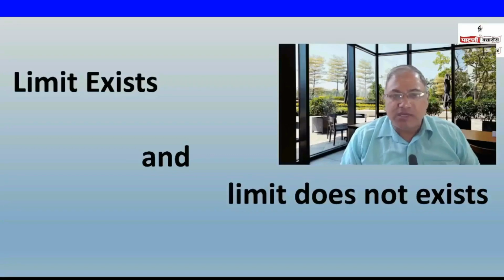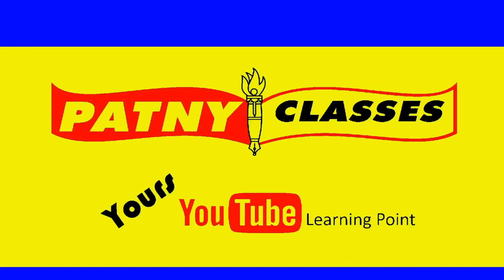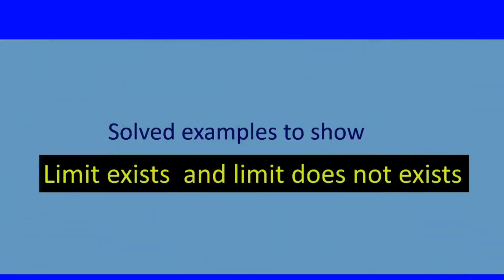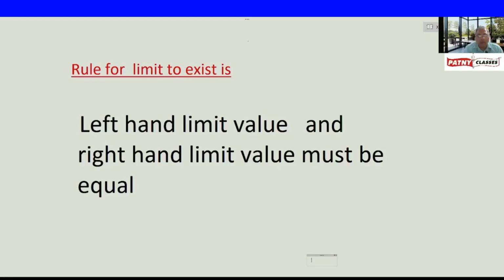To understand the words limit exists and limit does not exist, let us look at some examples. The rule for a limit to exist is that the left hand limit value and right hand limit value must be equal.